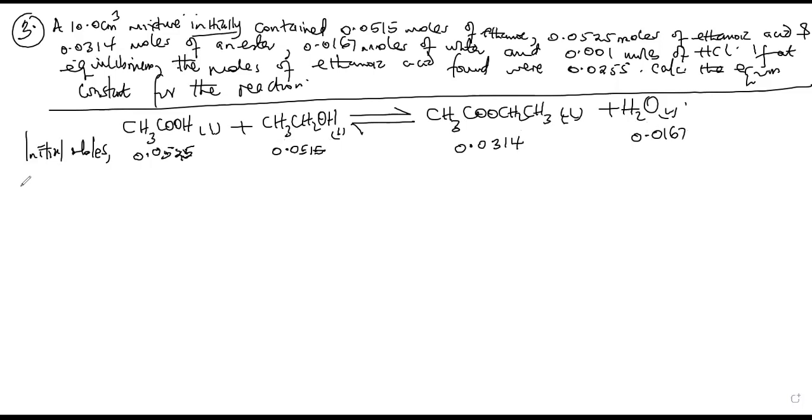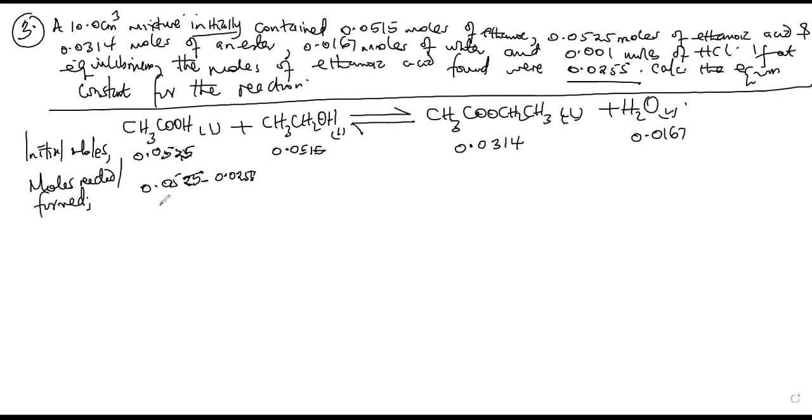Now, moles reacted or formed. Since they told me that the moles of ethanoic acid at equilibrium was found to be this, to get the moles that reacted here, I'll get 0.0525 minus the moles which I have at equilibrium, which is 0.0255.